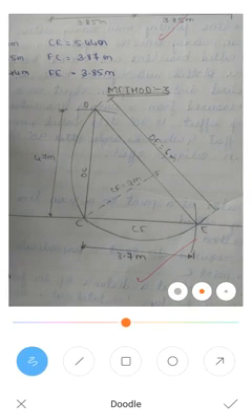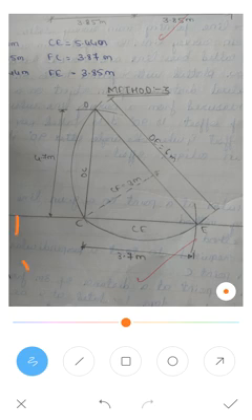In this method, let AB be the chain line, and C be the given point on the chain line from which the perpendicular has to be erected.